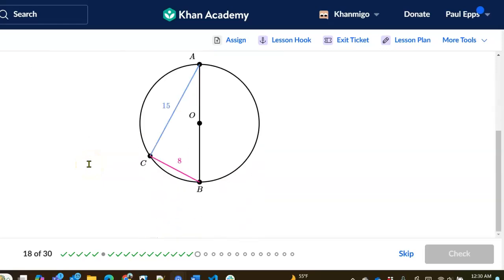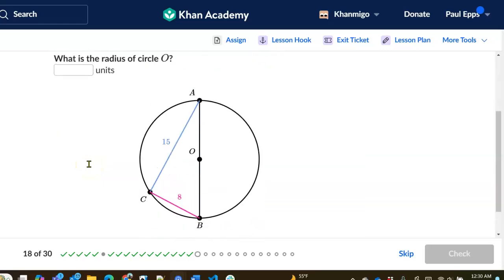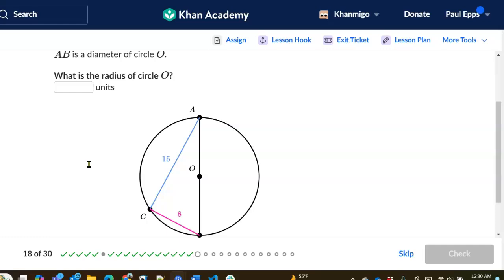I'm a little bit surprised that we don't get a calculator here, but okay. So this C here is a right angle. It's a 90-degree angle. So we can use the Pythagorean theorem on this, and we've got 8 squared is 64, 15 squared is 225.